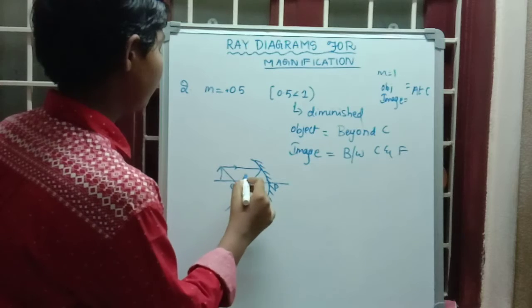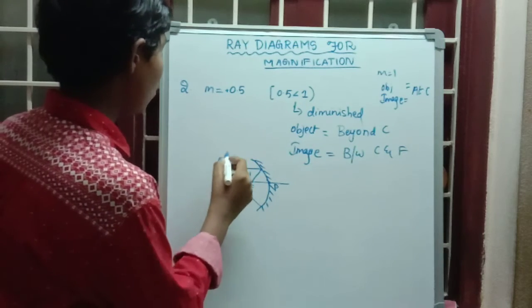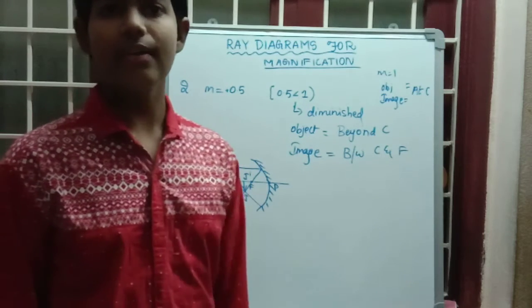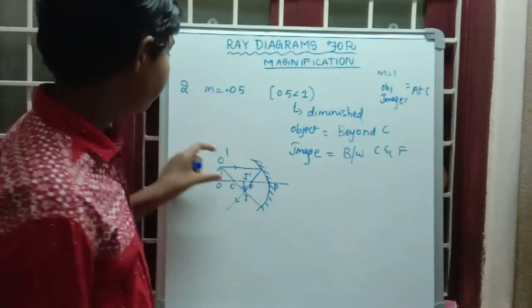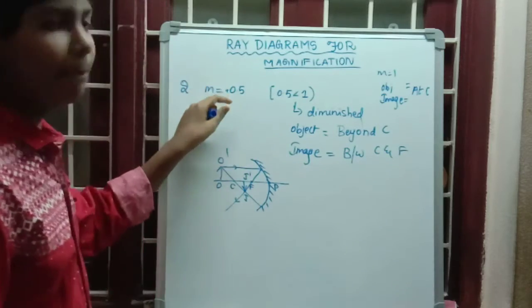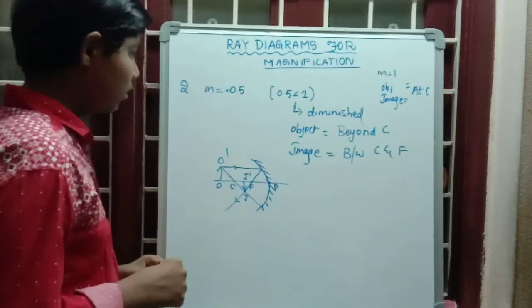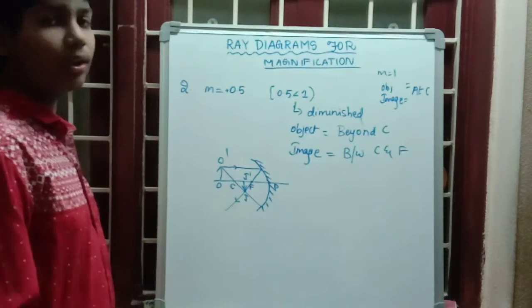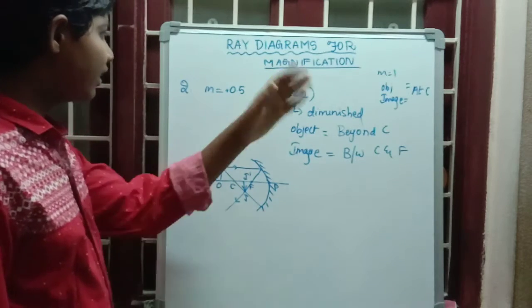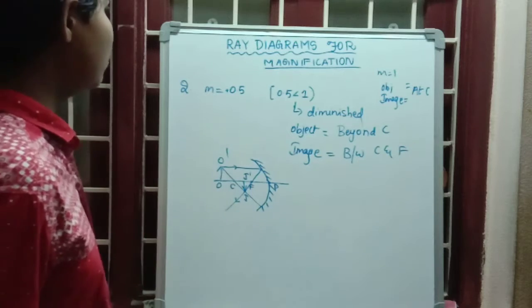Here I dash, O dash is the image. So this is the ray diagram for m equal to plus 0.5. If they give the magnification values like this, we have to draw the ray diagrams.